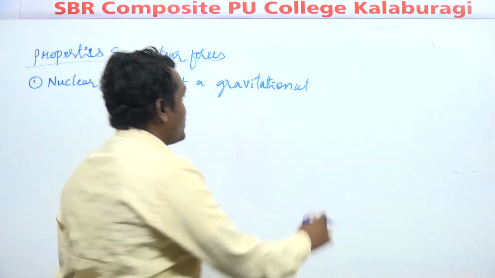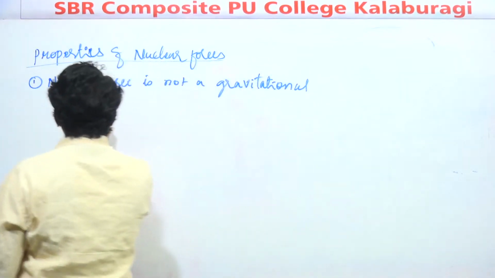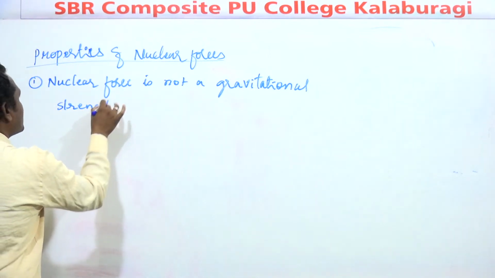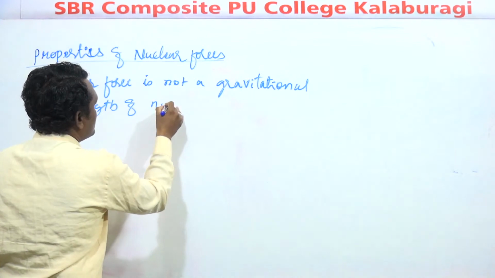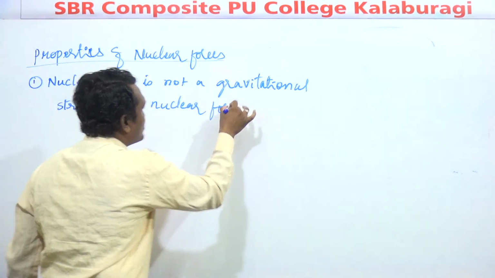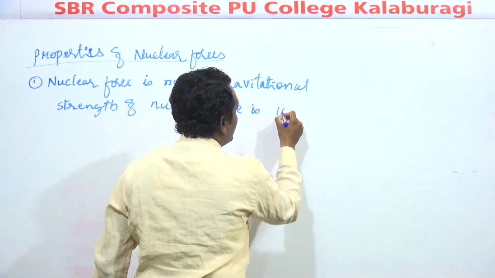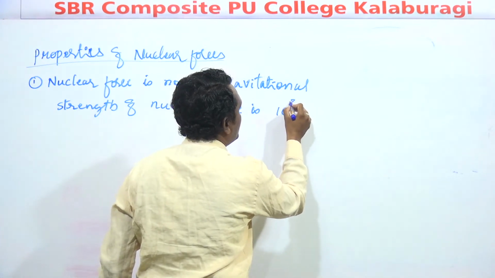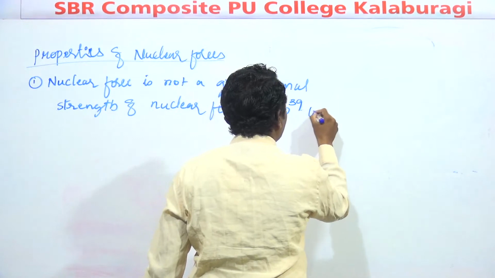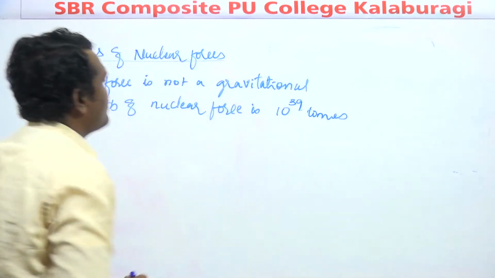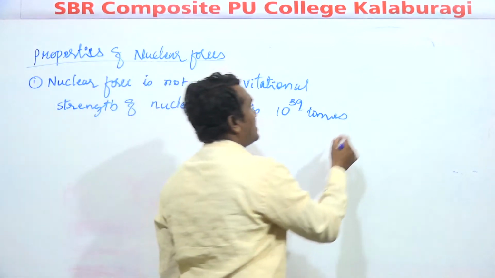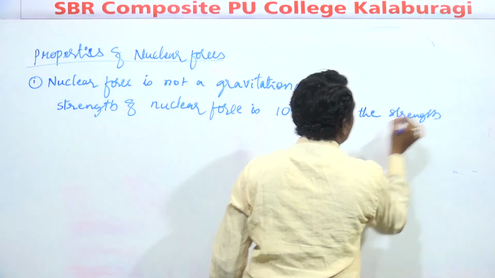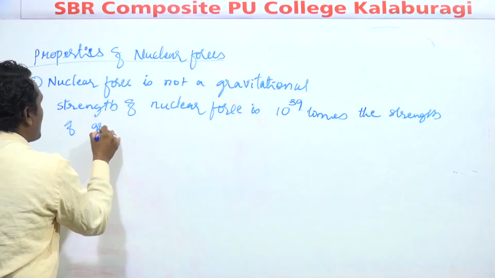Because when we compare the strengths, the strength of the nuclear force is around 10 to the power 38, or on an average we can say 39 times the strength of the gravitational force.